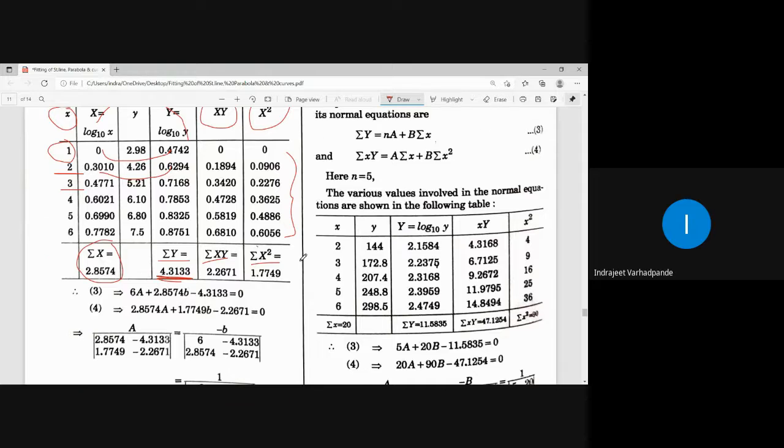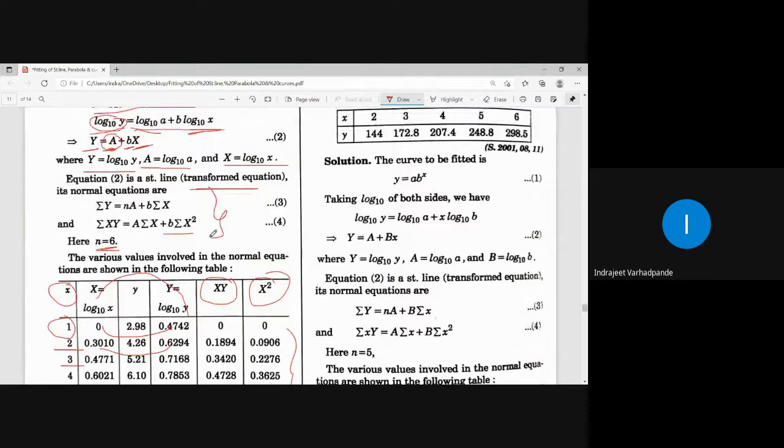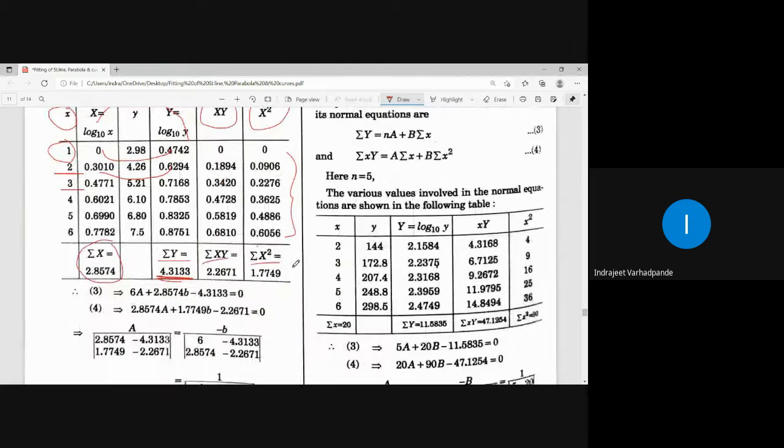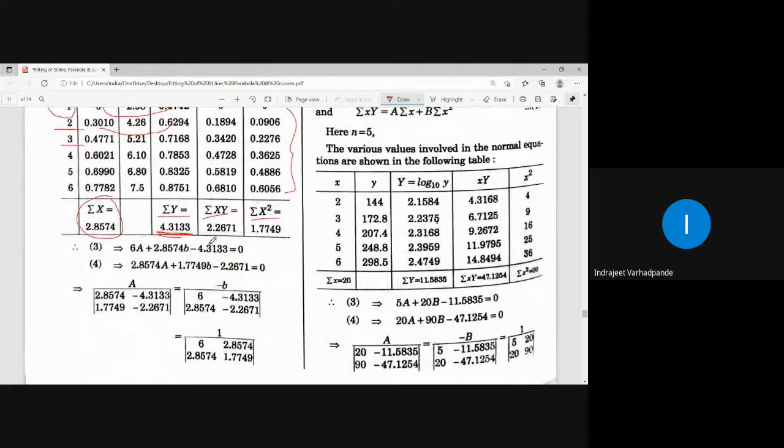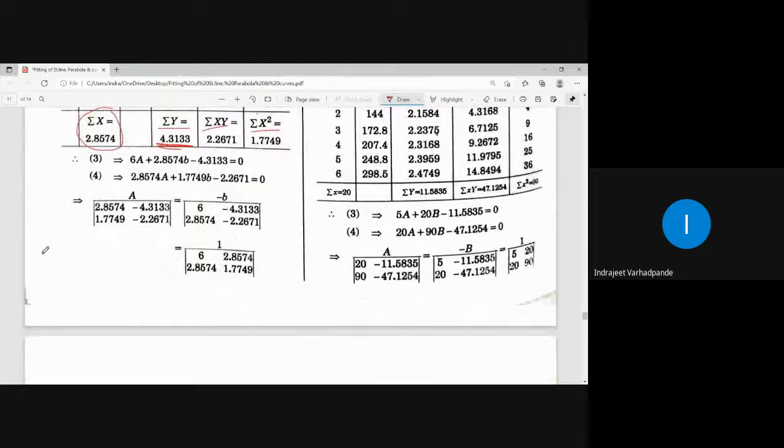Now, as per the requirement of the normal equations, which are given by 3 and 4, we have got all the values. Put them in and solve them simultaneously. Here we have capital A and small b as the unknowns, that is, unknown constants. But in the calculator, when you substitute, these will be the calculator's x and y.